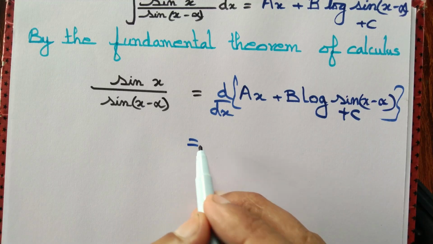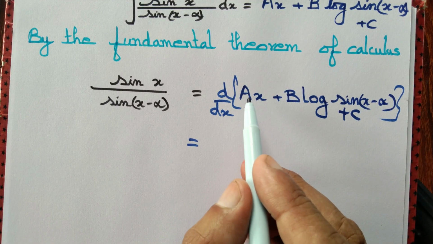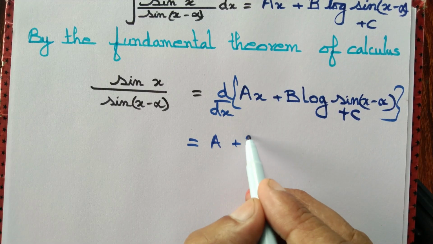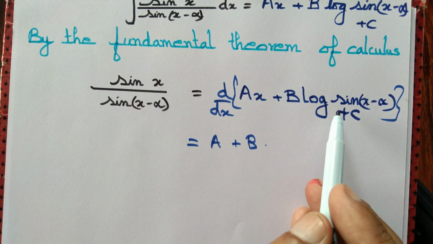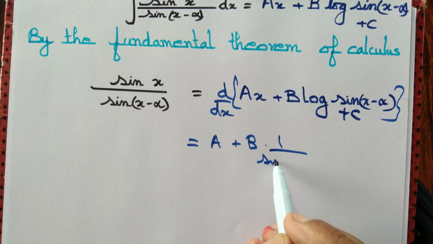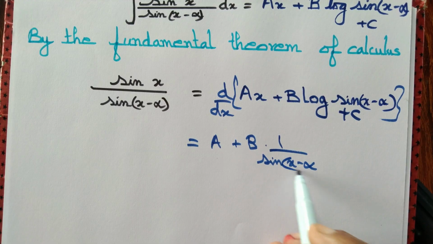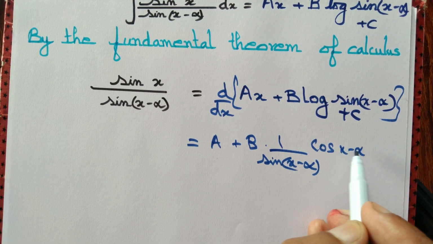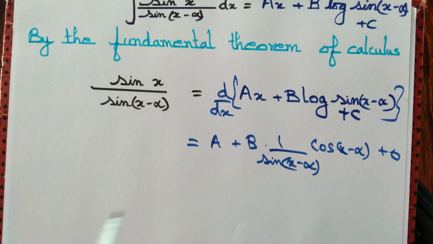Can we differentiate it? Of course, derivative of ax, where a is assumed to be a constant, is just a, and b is a constant, and derivative of log of sine of x minus alpha is 1 by sine of x minus alpha. We need to apply the chain rule. Derivative of sine is cos, so cos of x minus alpha. Derivative of constant is 0. Left hand side we copy as it is.